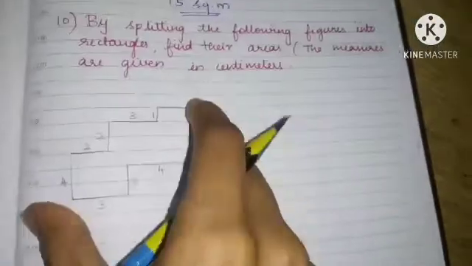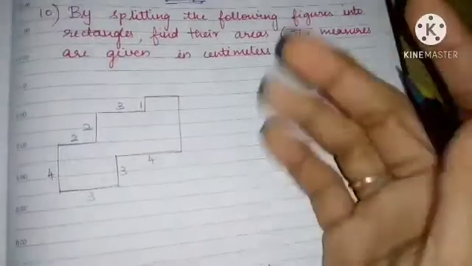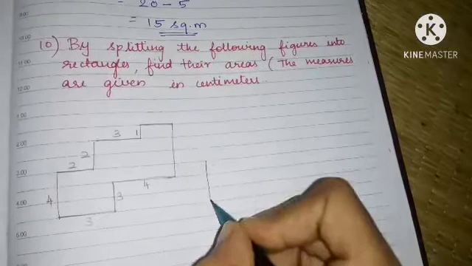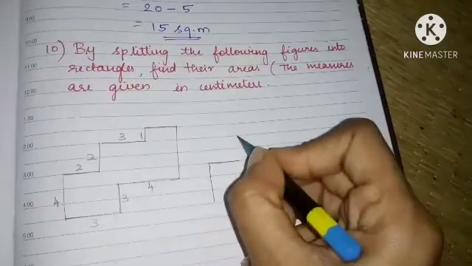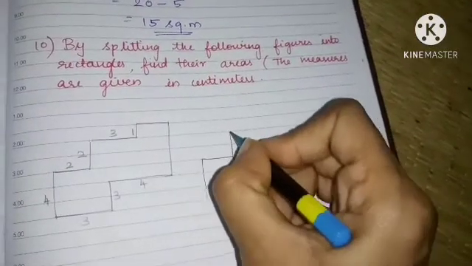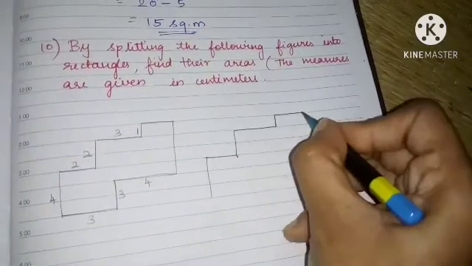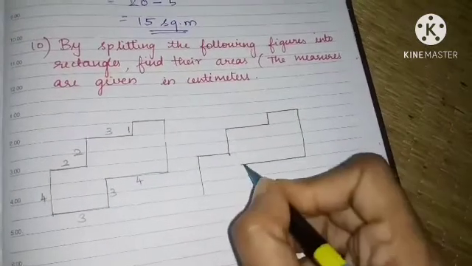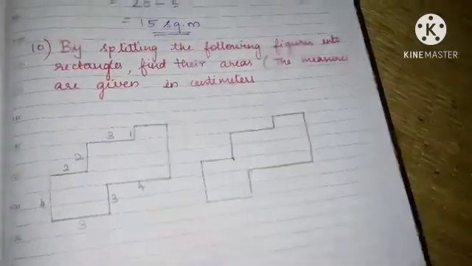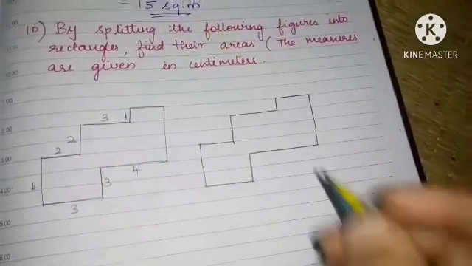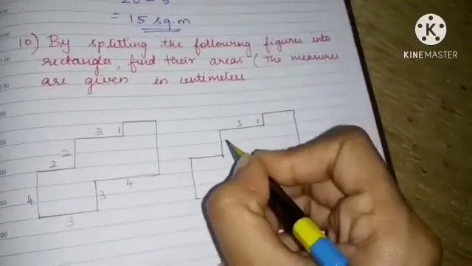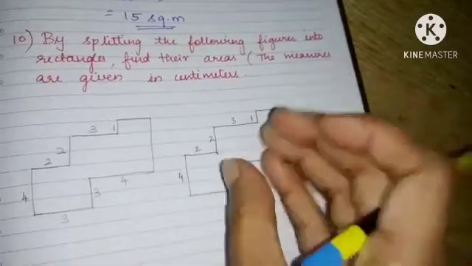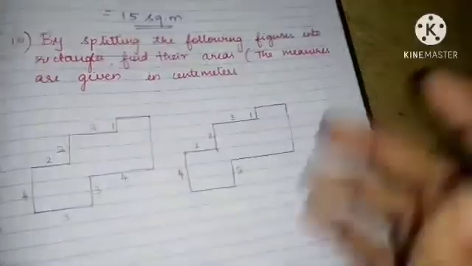Once you should draw like this, I am also going to draw a different figure for that. First you should understand how to draw it. First you draw the same figure that is given in the textbook, because only if you draw the same figure will you understand what changes are to be made in it. The lengths everything are the same as usual, but we have to convert this figure into small rectangles.